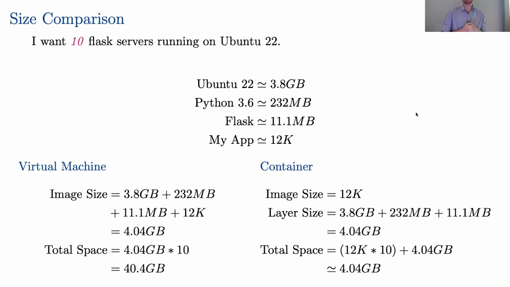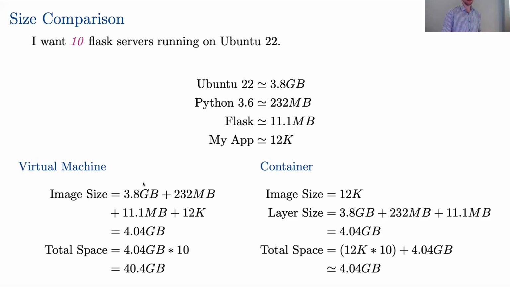So I want 10 Flask servers running on Ubuntu 22. We're going to say these are our size requirements. Ubuntu 22 in Docker is a little bit smaller, but if you're actually using a full Ubuntu image for the desktop, we're going to get to 3.8 gigabytes. Python takes up space, Flask takes up space, your application takes up space.